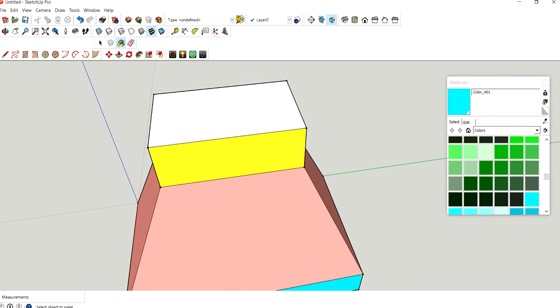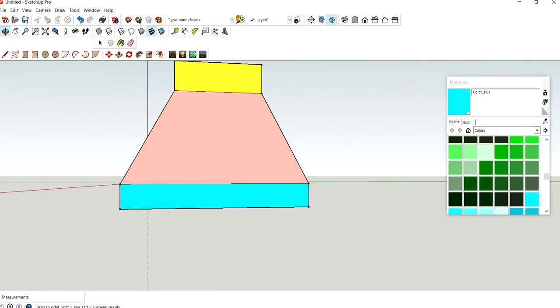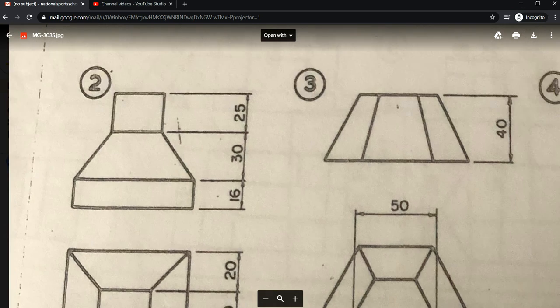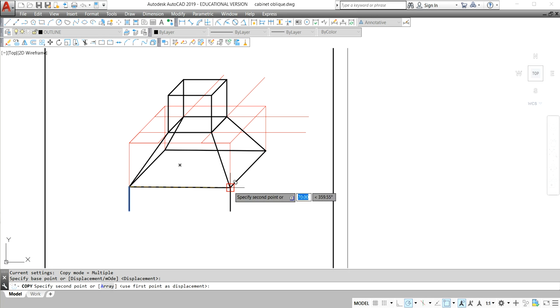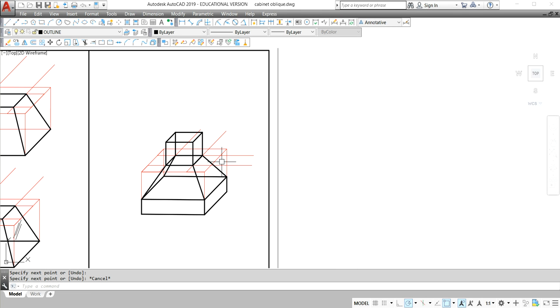Then we have an extension at the lower part, which is this. Okay, the lower part, if you notice on the handout, is 16 millimeter. So the same principle, from each corner I'm going down 16, okay, and I'm gonna join, and the drawing is done.